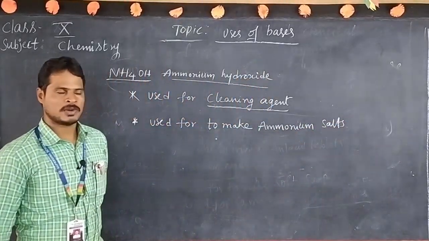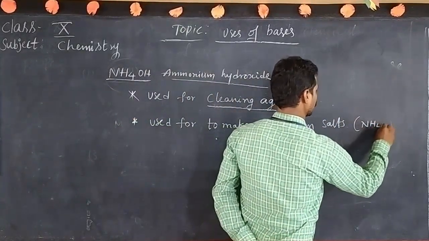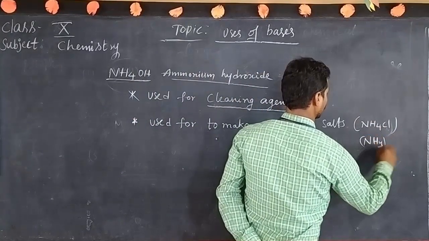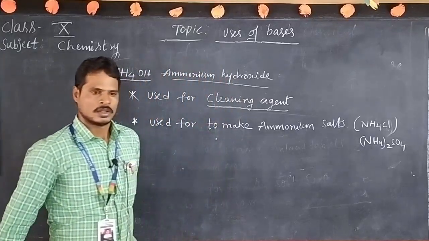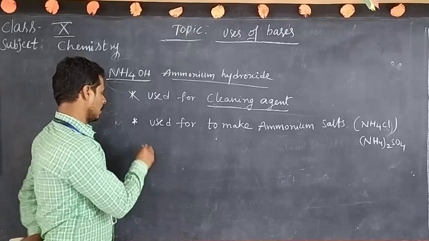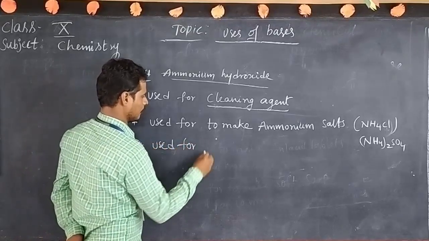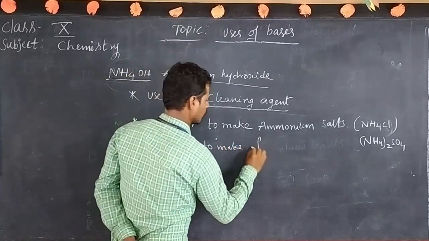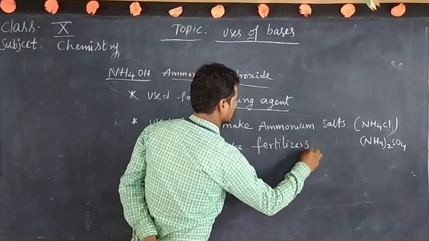So what are the examples of ammonium salts? For example, ammonium chloride, ammonium sulfate, etc. Next, it is used to make fertilizers.